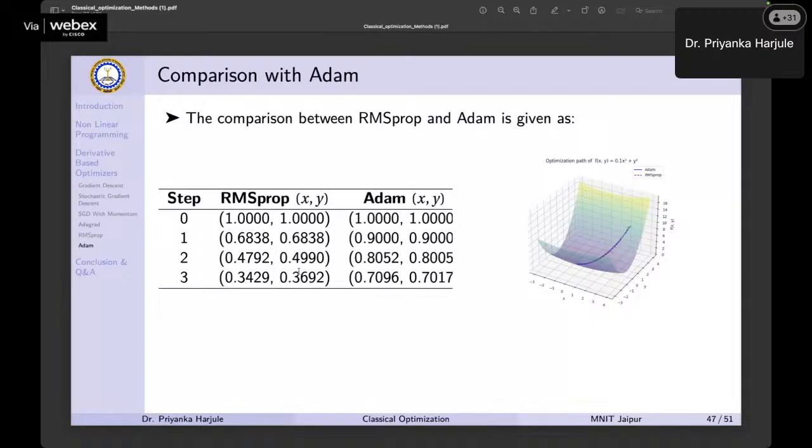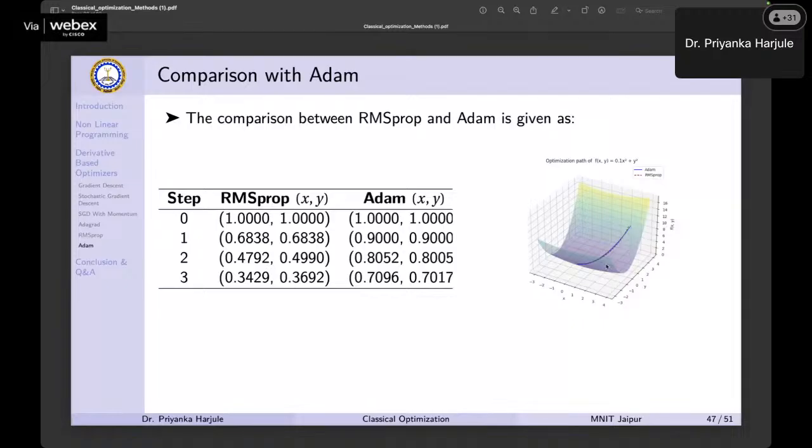So here is the comparison of RMS prop and Adam on the same example, and you can see that Adam follows the optimization process, or the process of getting to the minimum, very consistently without oscillations, unlike RMS prop on this particular function, which is very steep with respect to y and not that steep with respect to x.